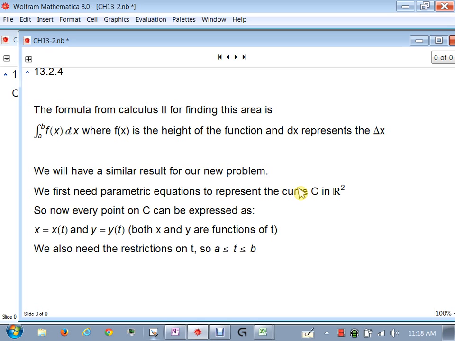So t will be our parameter instead of y depending solely on x. If we can represent that curve C in the two-dimensional space with parametric equations where x is some function of t and y is some function of t, and we restrict our t between 2 points, then we'll be able to do this.